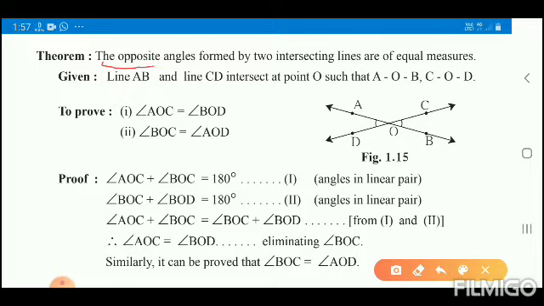That is your given part. And what do you have to prove? That they are of equal measure. If the opposite angles are formed by two intersecting lines, then these angles are of equal measure.